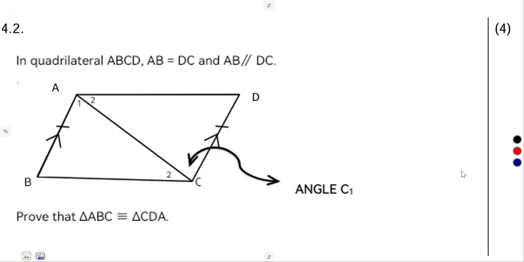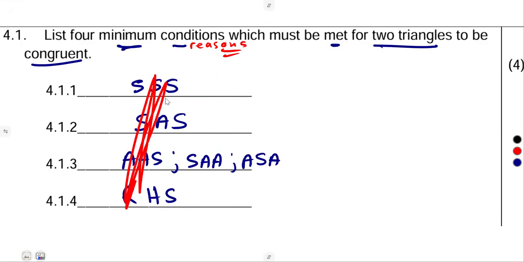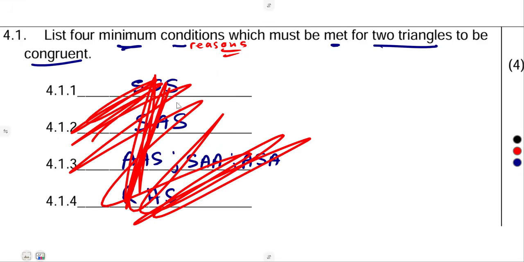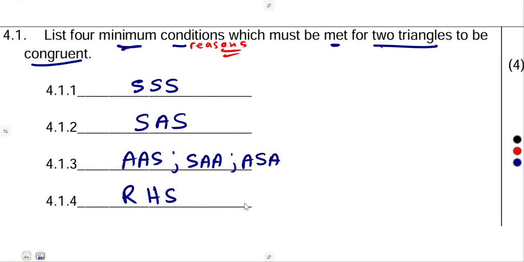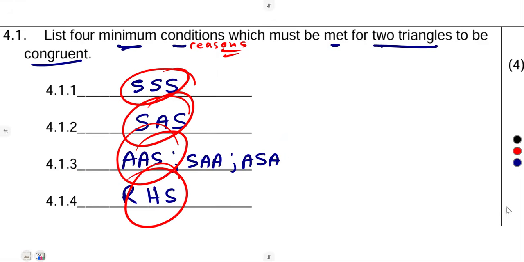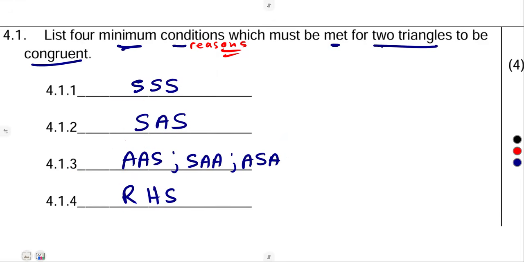So if you check now on question 4.2, they are saying prove that these two are congruent. To prove that they are congruent, you must have any one of these reasons. Those are the conditions. If the triangles can meet any one of these conditions, therefore those triangles are congruent. That is what we mean there.